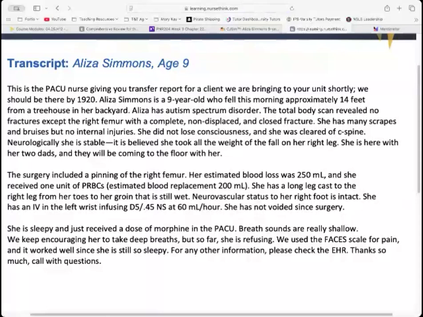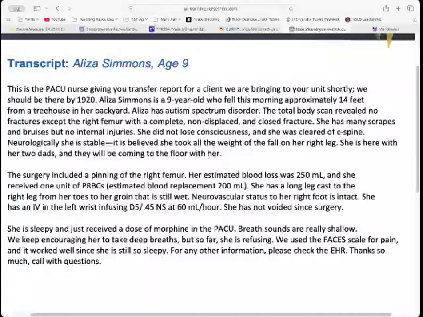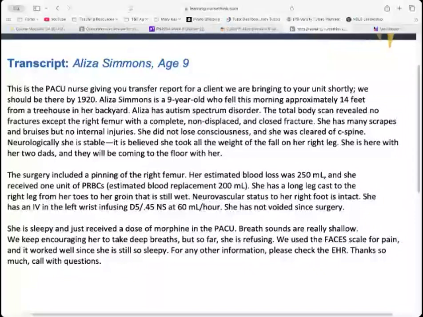She has shallow breaths. She has not voided since surgery. She did not lose consciousness. Very important with that fall that she didn't lose consciousness. I feel like most of this is really important. Yep, a lot of it is important. What they did surgically, the blood loss and the replacement.